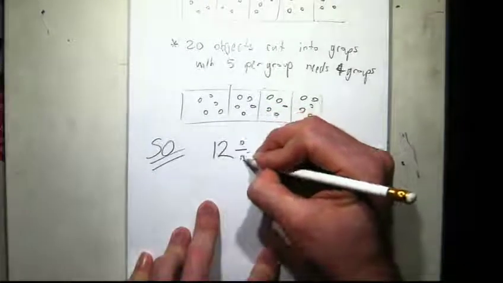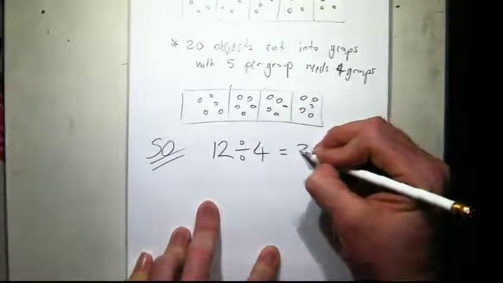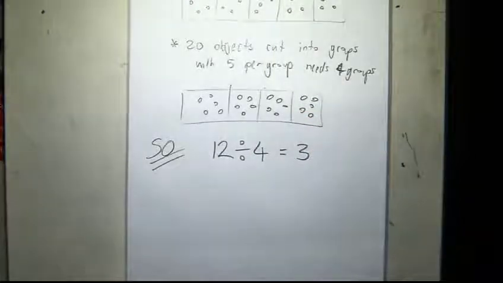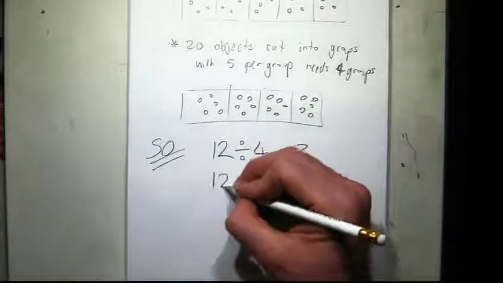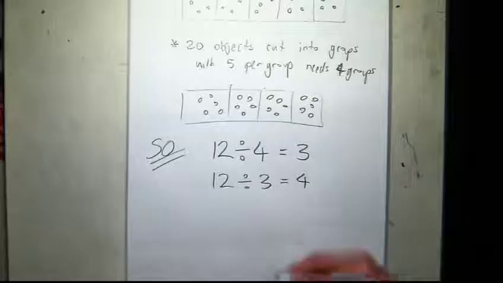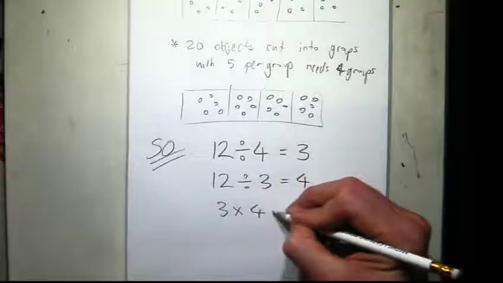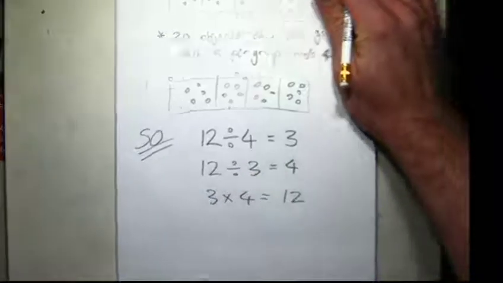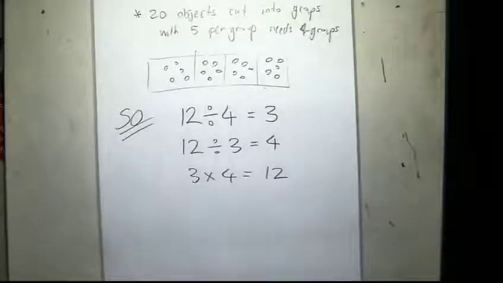12 divided by 4 comes out to 3. And 12 divided by 3 comes out to 4, and 3 times 4 is equal to 12, they are all represented with the same picture.